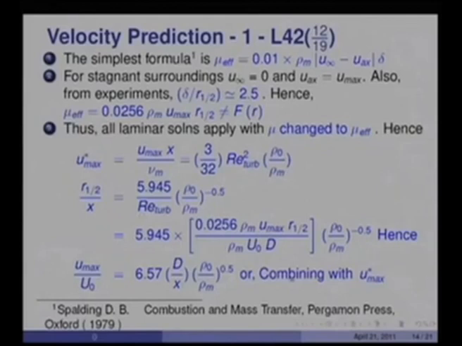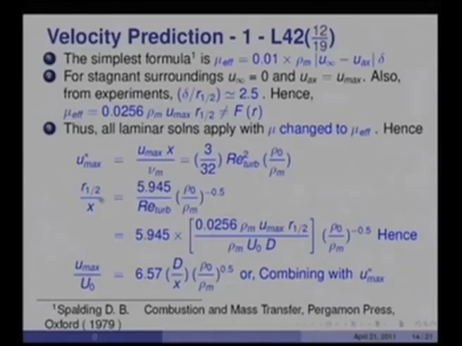And what is Re turbulent? It will be rho m u naught into d divided by mu effective, which is 0.0256 rho m into u max r half. And therefore, from this I can get u max over u naught will be equal to 6.57.